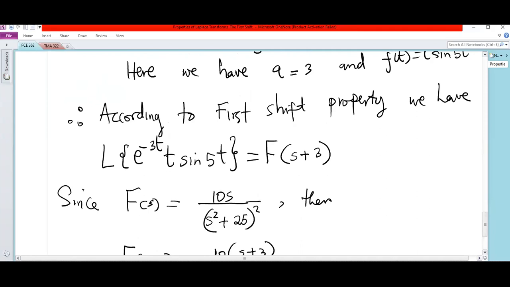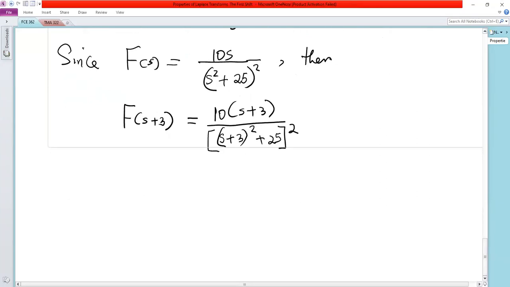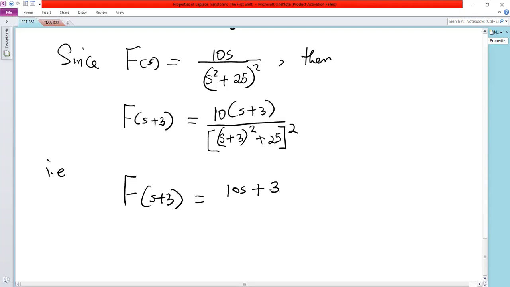Now this one you can simplify further as capital F of s plus 3 equals 10s plus 30 divided by s squared plus 2 times 3s, which is 6s, plus 3 squared is 9, and then plus 25.